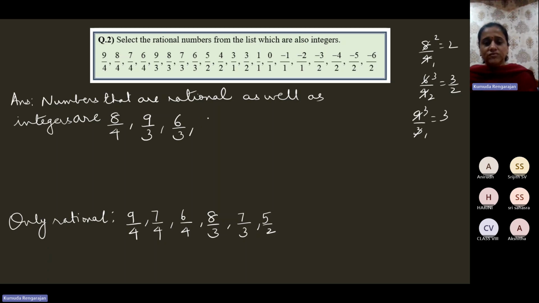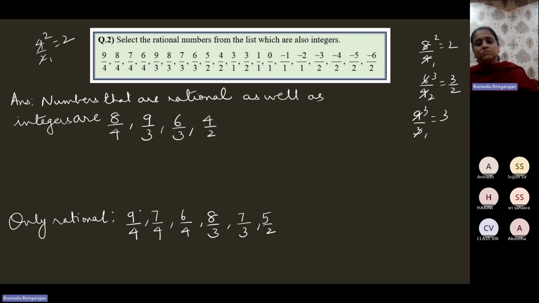Harini, 4 by 2. Correct. It's a rational number as well as an integer, because 4 by 2 reduces to 2. 4 by 2 is nothing but 2, and 2 is an integer.